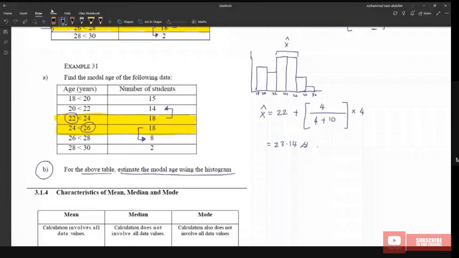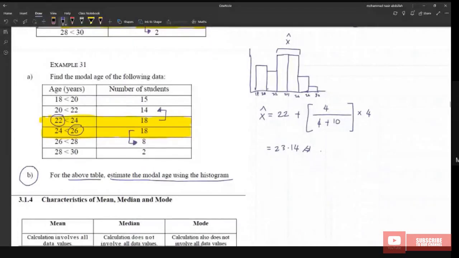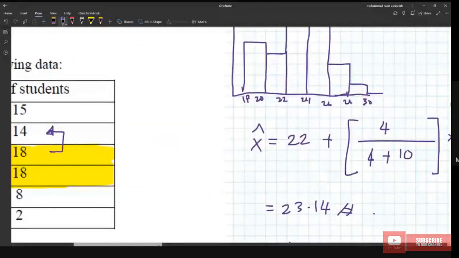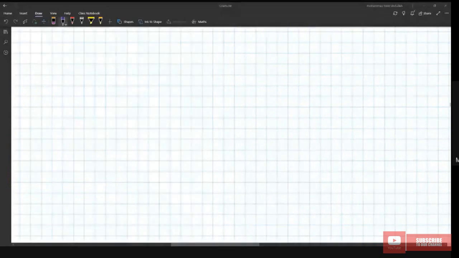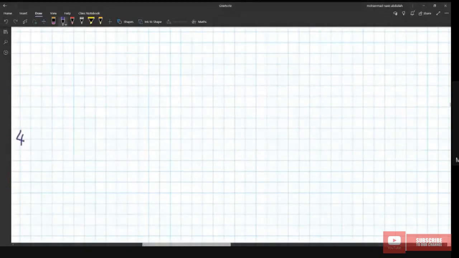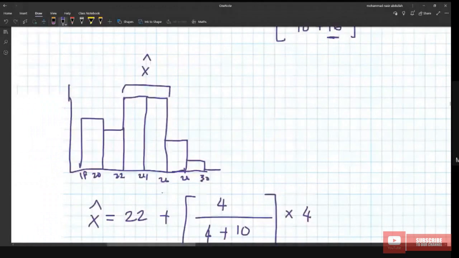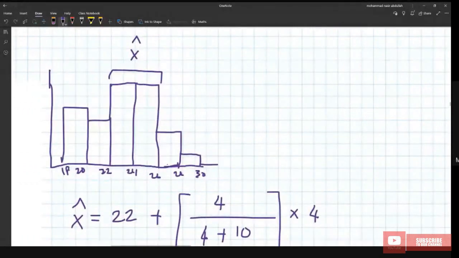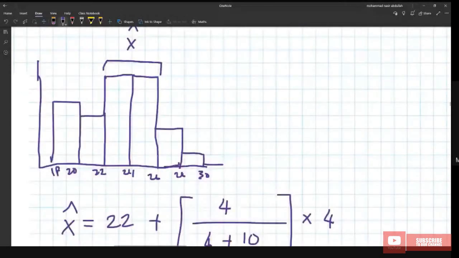Right. So assume that you already drew the histogram properly. Let's say this is your histogram, right?